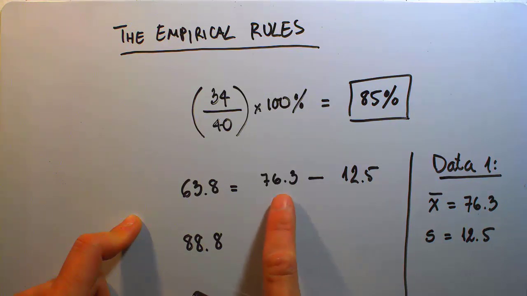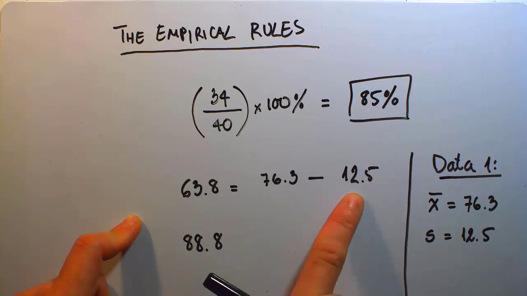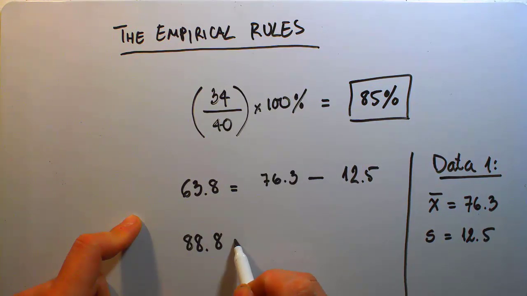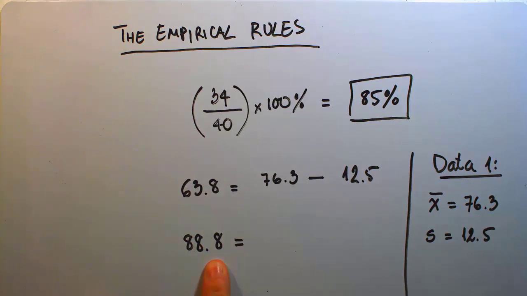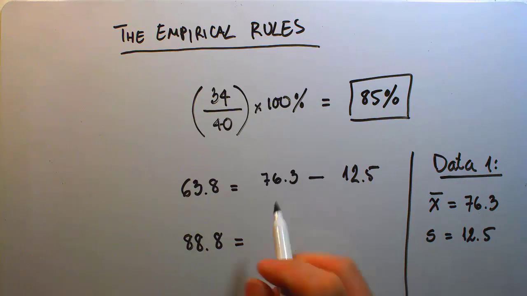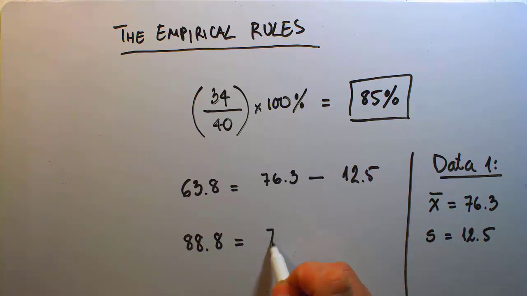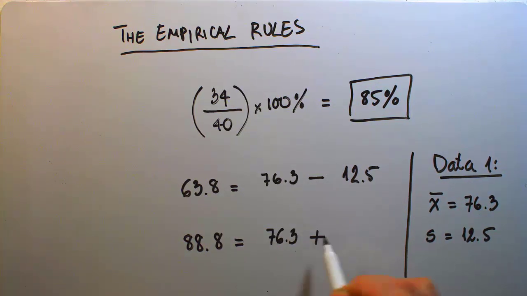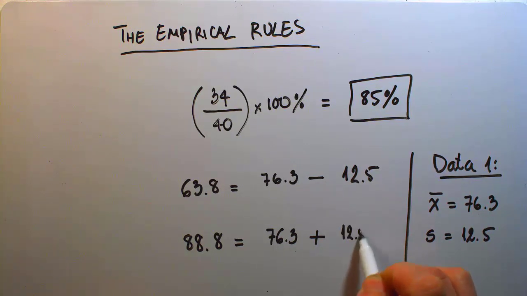The difference between 76.3 and 12.5 gives me 63.8. If you look at the other end of the interval, the high end, that value 88.8 is really 76.3 plus 12.5.